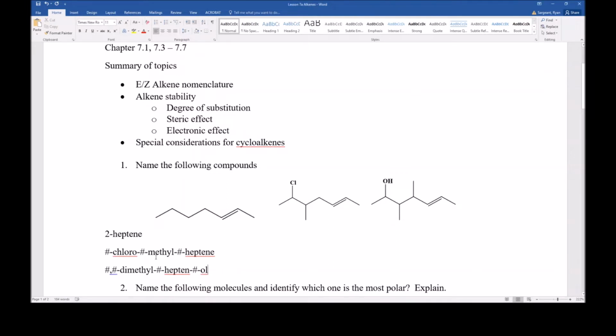Let's fill in the numbers first. Now, alkenes have priority, meaning that we care when we're numbering the parent chain that we get to an alkene quickly. And this now gives you a list of 3 different types of things that you're going to encounter in terms of their priorities.